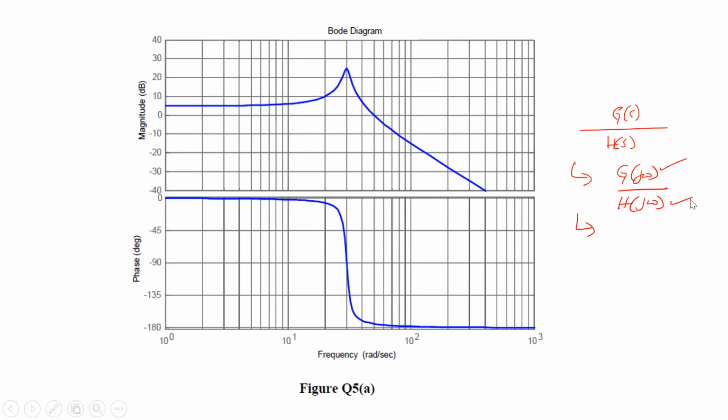That is the conventional way, and for a lot of the systems that we do, that works. There is one exception, and that has to do with certain types of second order systems.